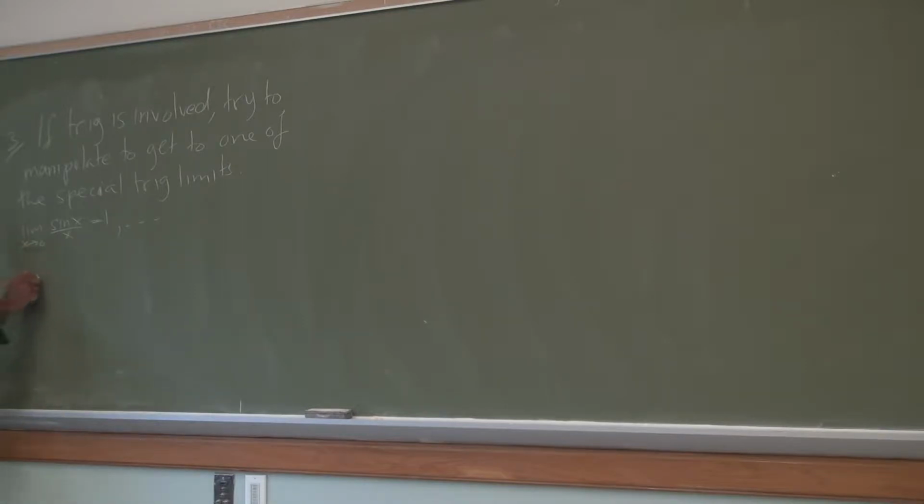So it would also apply to something like the limit as x approaches 1 of sine of x minus 1 over x minus 1. So that would also be 1. It doesn't have to just be x, it can be anything, as long as it approaches 0 as its limit.